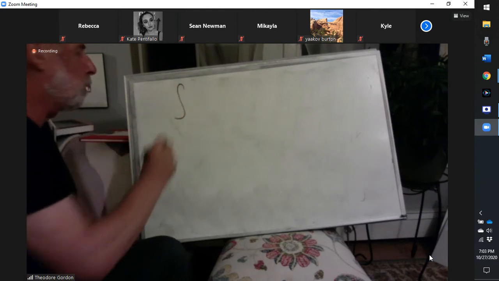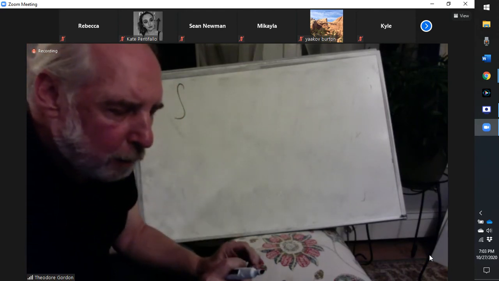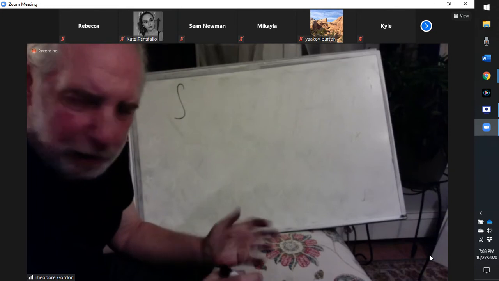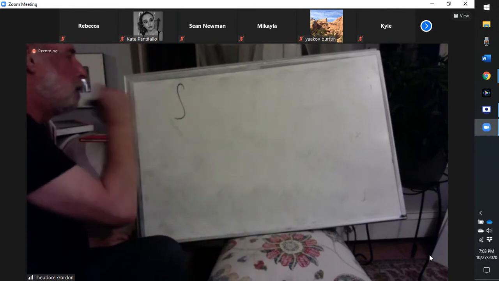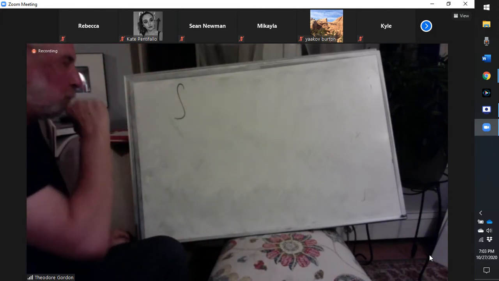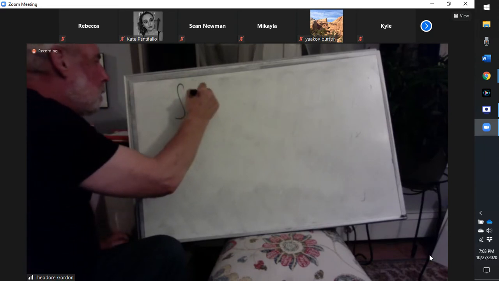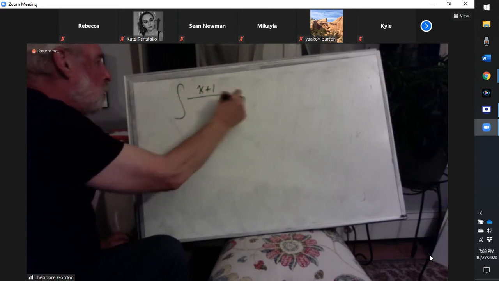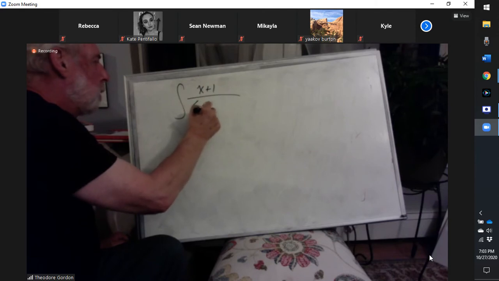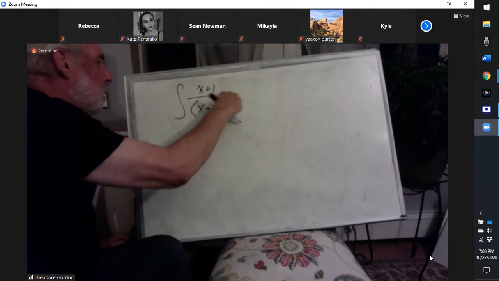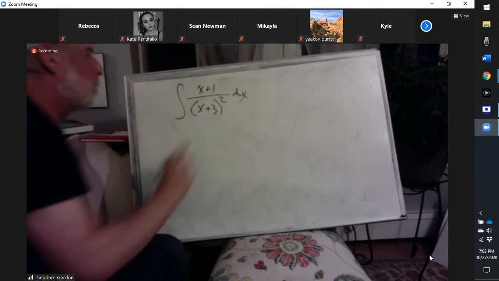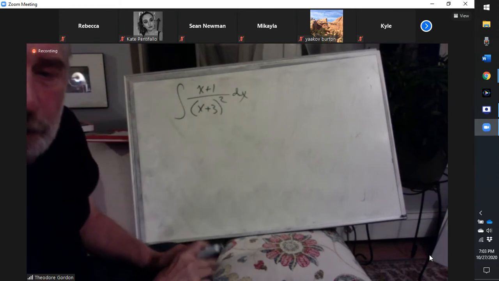Let's do the integral. Now, a lot of the homework problems, the denominator is already factored, but not always. So let's do x plus 1 over x plus 3 squared dx. Now, there's no other method.